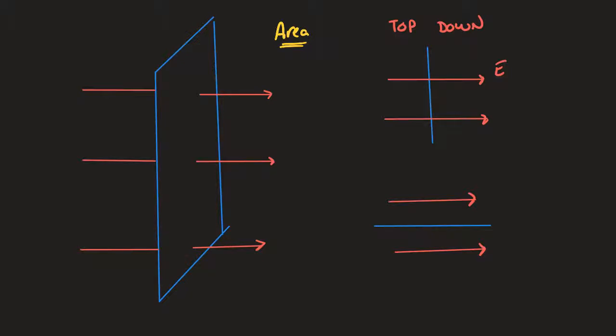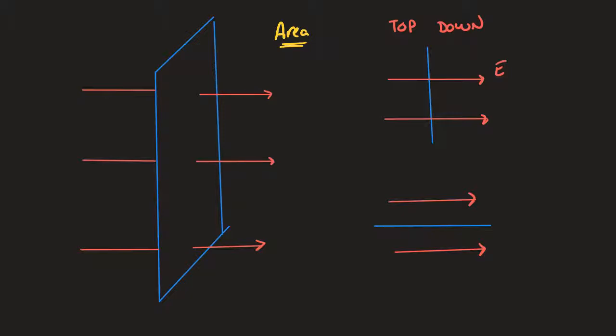I'll say that again because you're going to want to write that down and put a box around it. The direction of an area is perpendicular to its surface, pointing away from the enclosed volume. So I'll say that one more time, just so you have it in your notes.